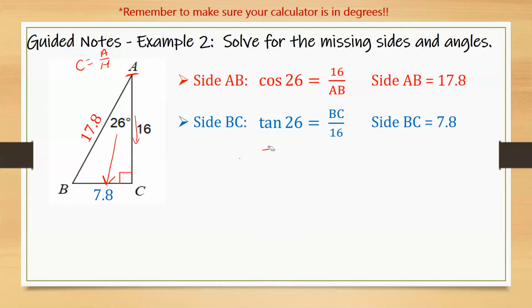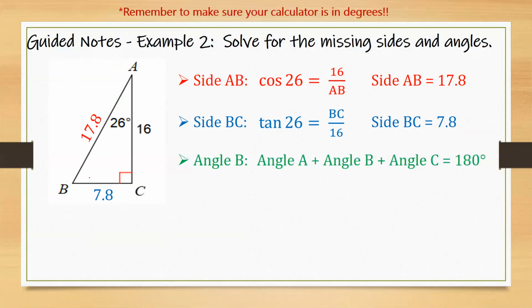So now let's find our last missing thing. If you look right here, we are missing our angle of B. So we have angle B. Okay, you could use a trig function. To me, it's the easiest when you have only one missing angle measure, just to do the triangle sum theorem. So I said angle A, B, and C is equal to 180.